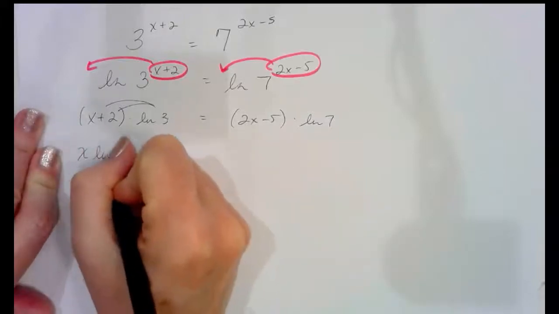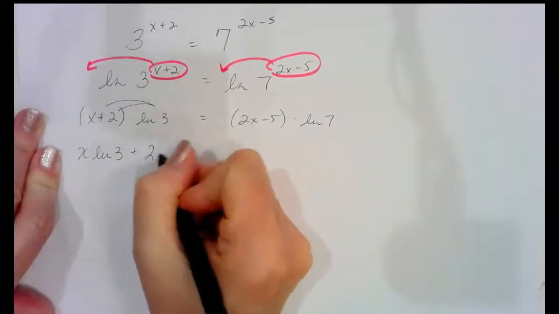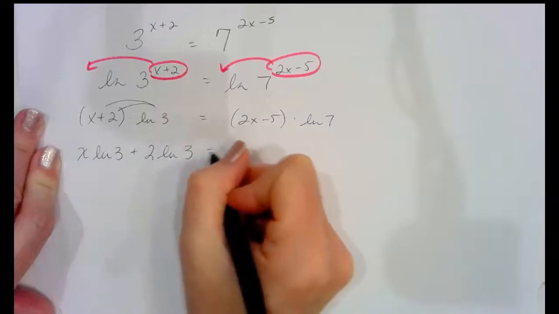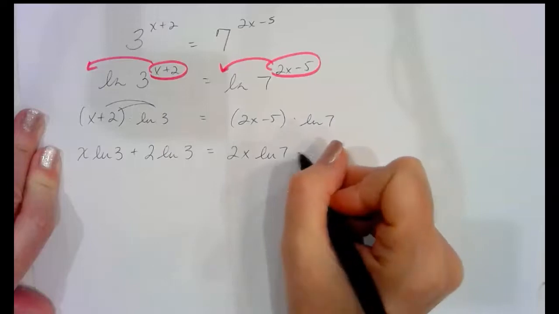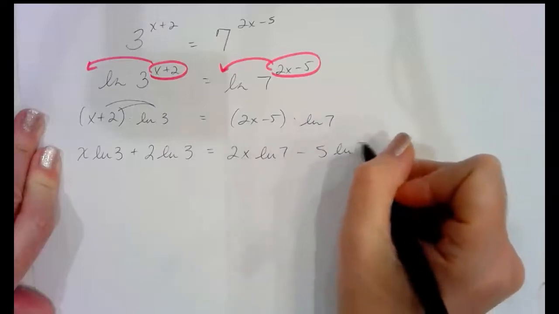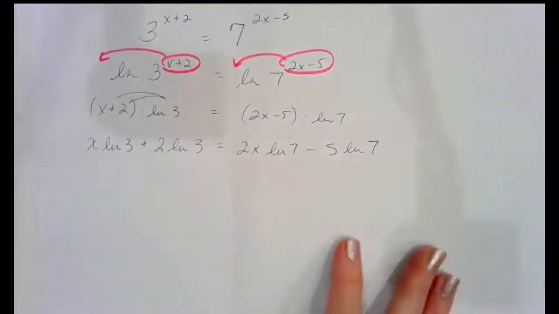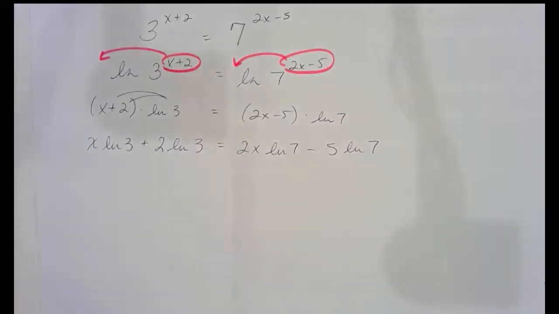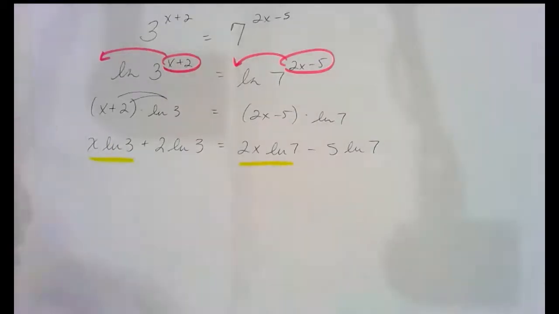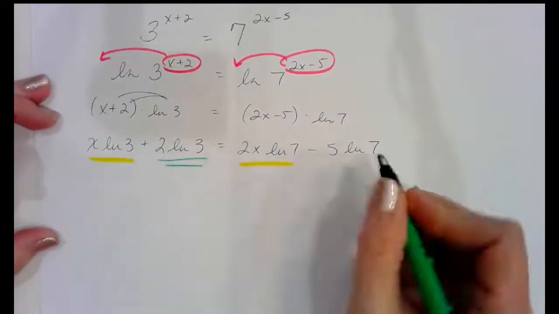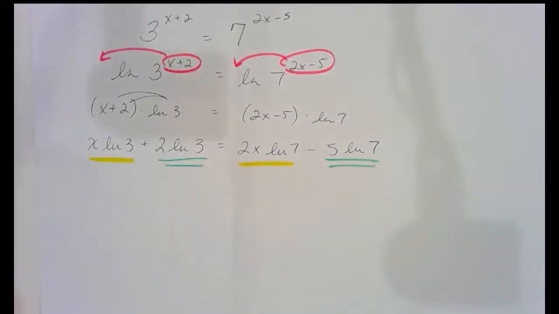So x ln 3 plus 2 ln 3 equals 2x ln 7 minus 5 ln 7. So identify the parts of the equation that have an x. If they have an x, we want to put them on the left. If they don't have an x, we want to put them on the right.